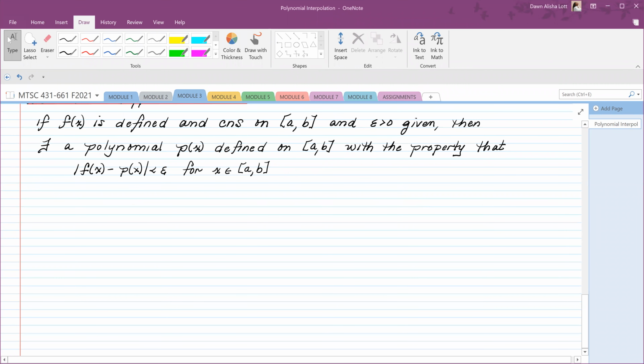Okay, so what does that mean? Something like this. I have some function, then there's some polynomial, and then I have this.